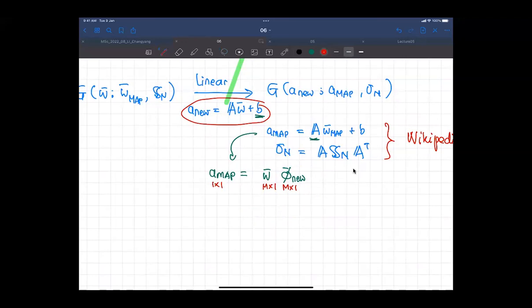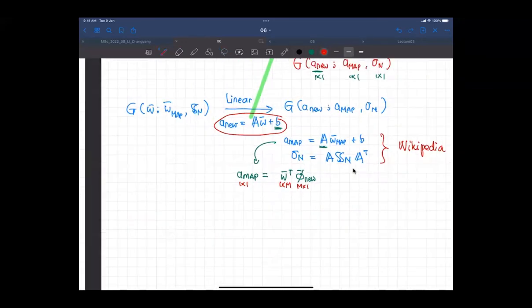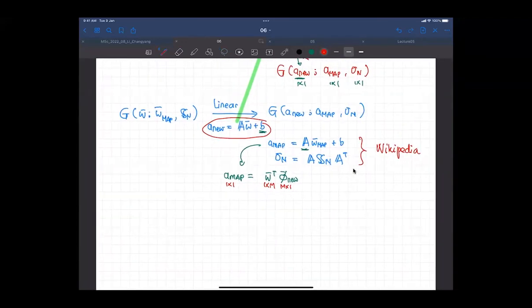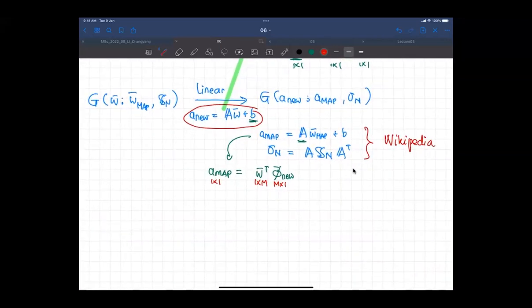So this is transpose, so this one is 1 by n. Okay, so if we transform the Gaussian into A form, then A MAP equals W transpose phi nu.